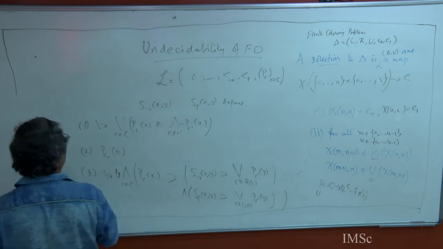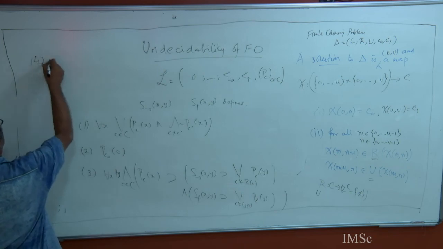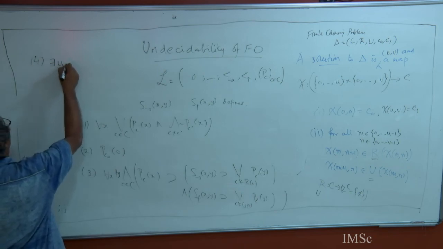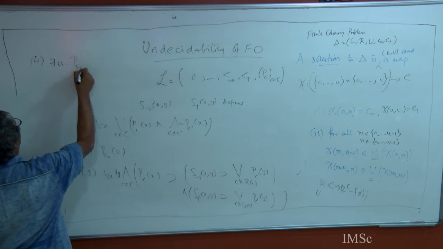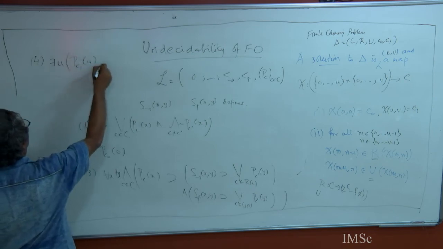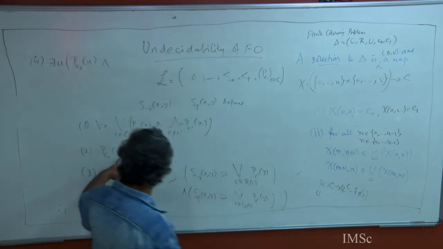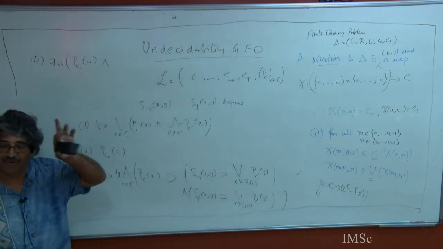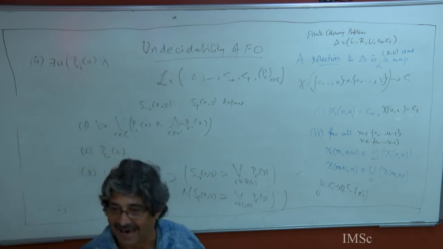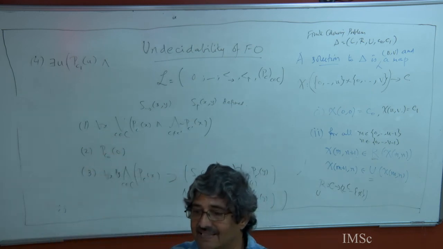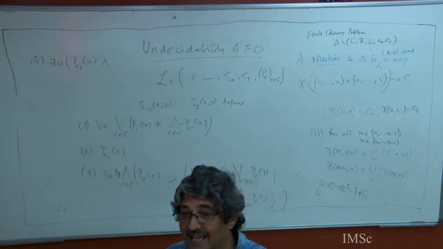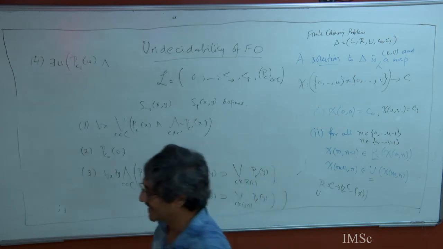So I have to write for there exists u, and so this says that I am starting with 0, that says there is a point that is labeled C1, and until I get to that point, I see the right successors and the up successors, and they form a grid. That's what I need to write.